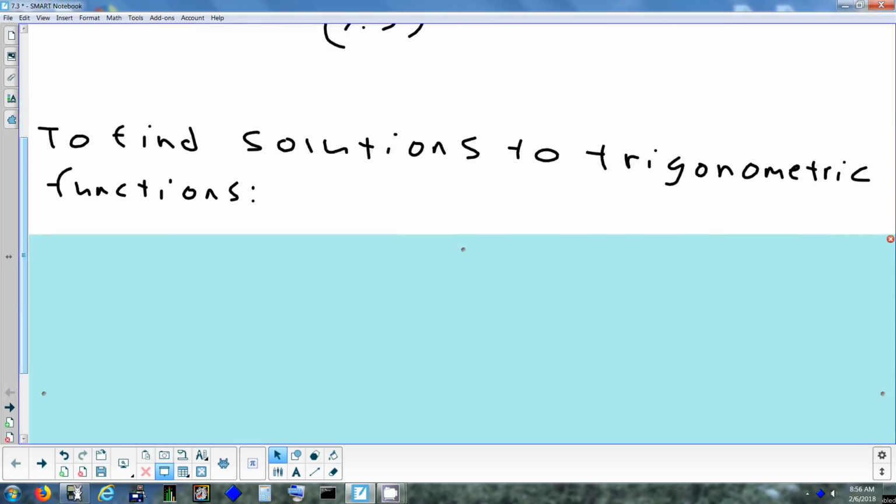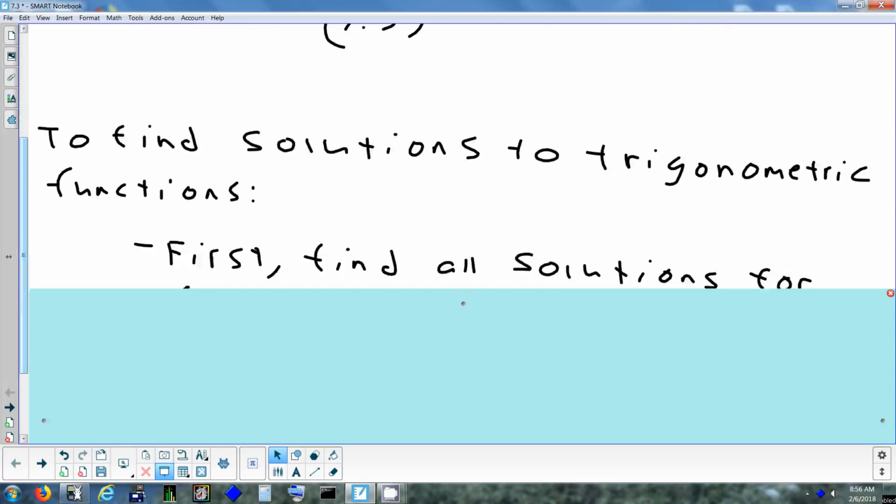So we have to keep the idea in mind about how many solutions we have. If you can find one solution to a trig equation, to a periodic equation, how many solutions does that mean there really are? Infinite. Okay, so if you can find one, there's really an infinite amount if you're dealing with a periodic equation.